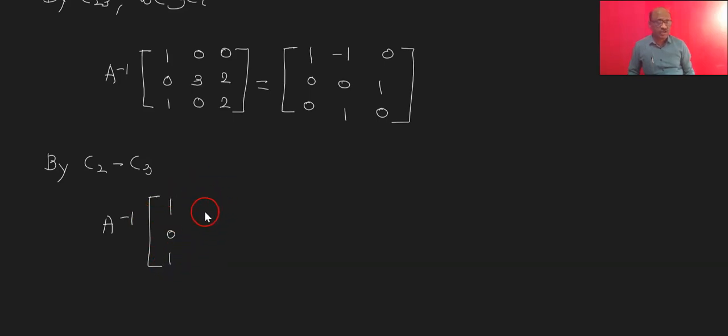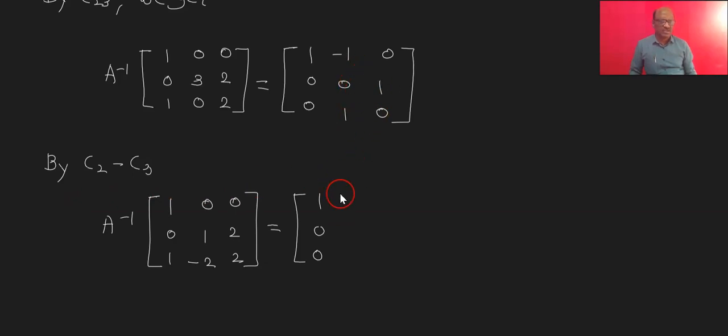Next is C2 minus C3, here is 0 1 and minus 2 0 2 2, which is equal to 1 0 0, C2 minus C3, and here you will get minus 1, again minus 1 and 1 0 1 0.